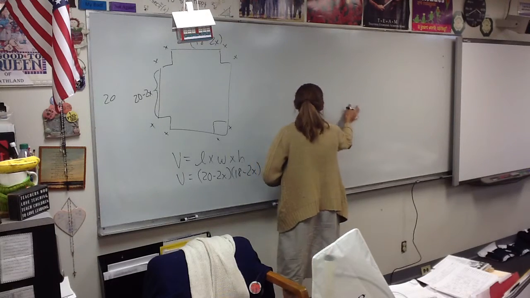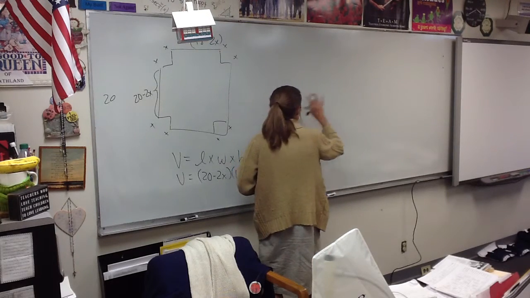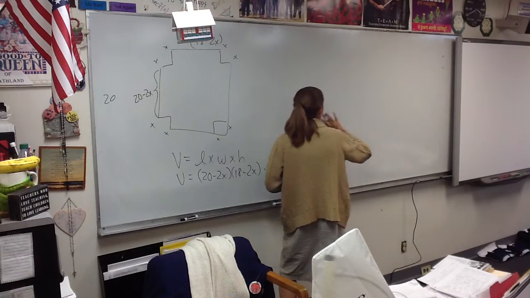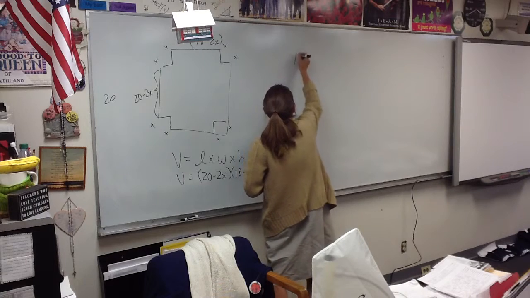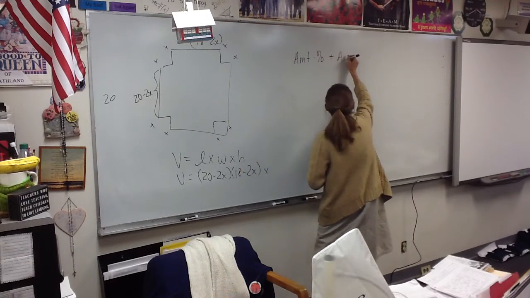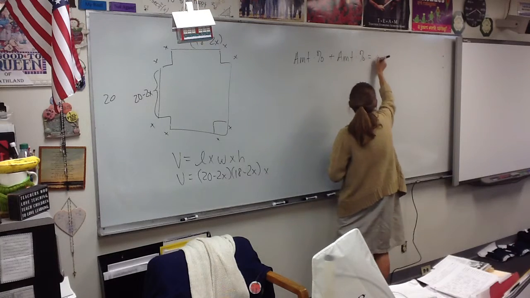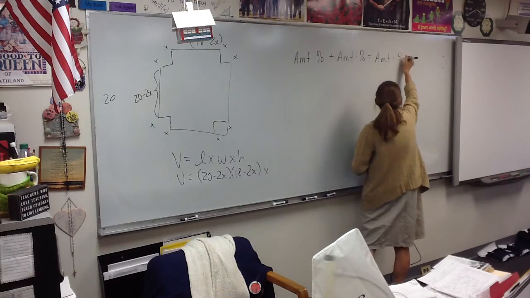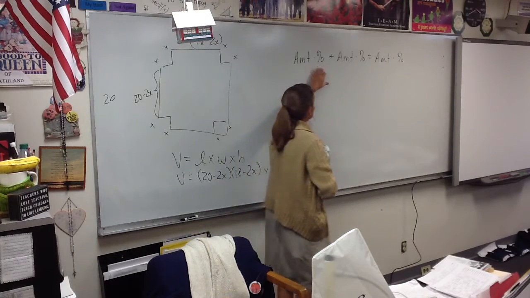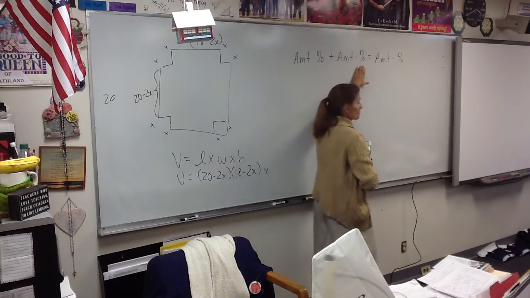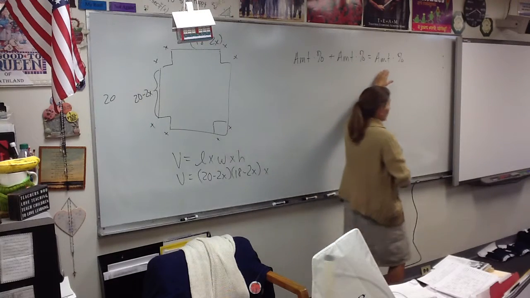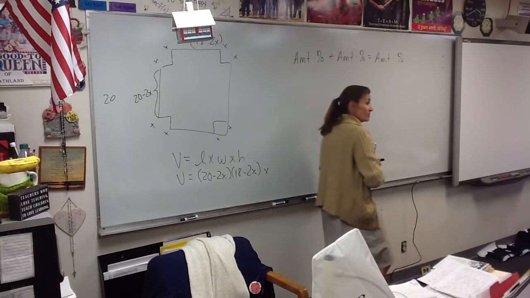Whether we're mixing peanuts or acid solutions or money situations, you can't go wrong if you use a simple little format like this: amount times percent plus amount times percent of the two things you're mixing together will equal amount times percent of the final solution.